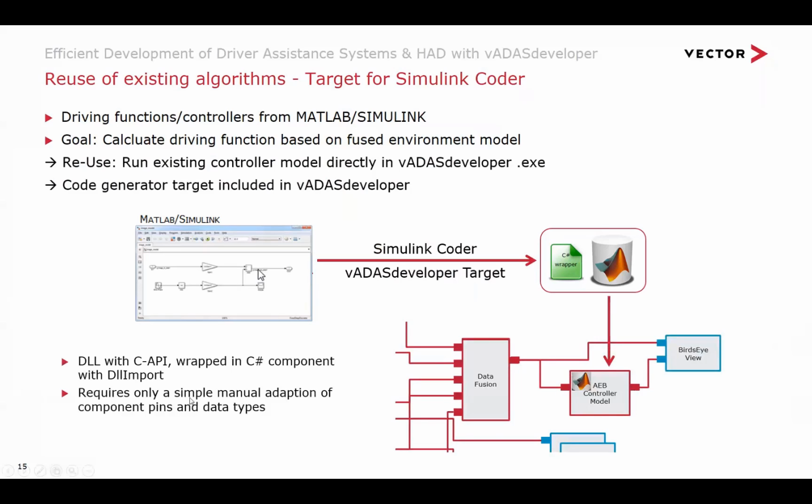This requires only a few adaptations of component pins, but in general the idea is to reuse the knowledge you've put into the Simulink model and drive it with the data directly in vADASdeveloper.